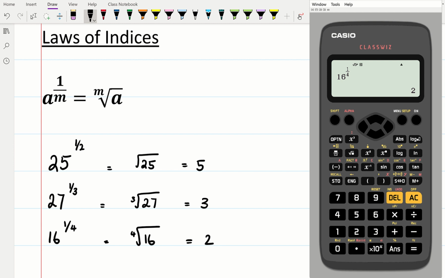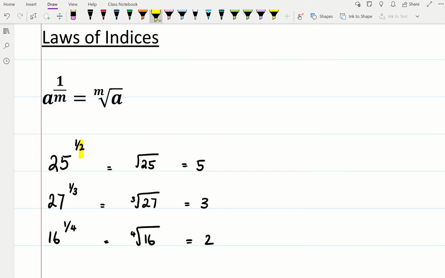There isn't a negative answer for each one. You have to recognize that the even numbers will give you 2 answers, a positive and a negative, and the odd numbers will only have 1 answer. But mostly we are looking at the positive answers.